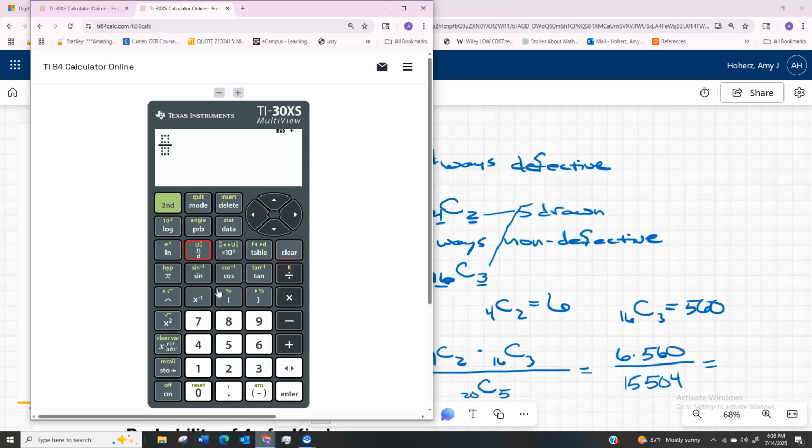Sometimes it'll let us put 6 times, yes, this calculator will let us put a multiplication up there on top. Okay, so 6 times 560 over 15,504, if we hit enter, that gives us 70 out of 323, which then, as a decimal, is 0.217.